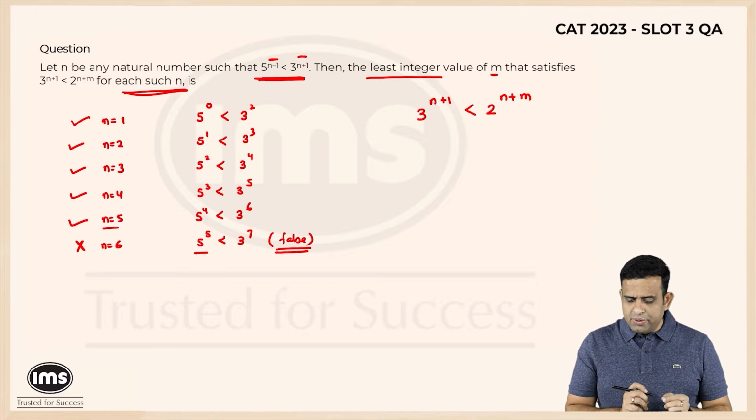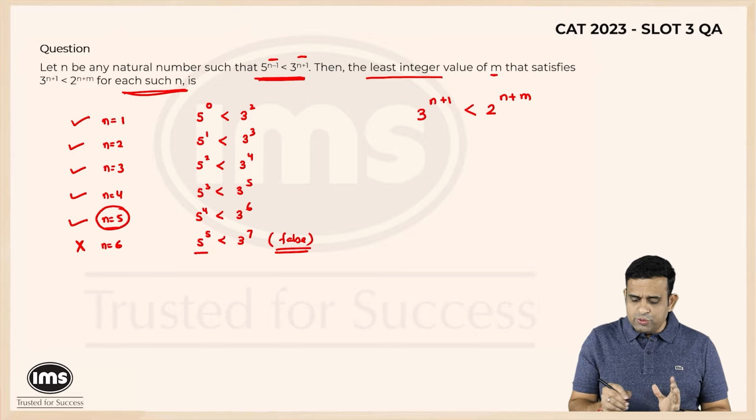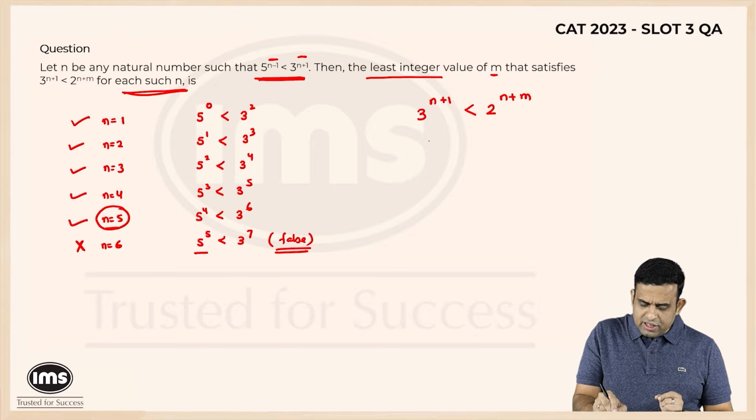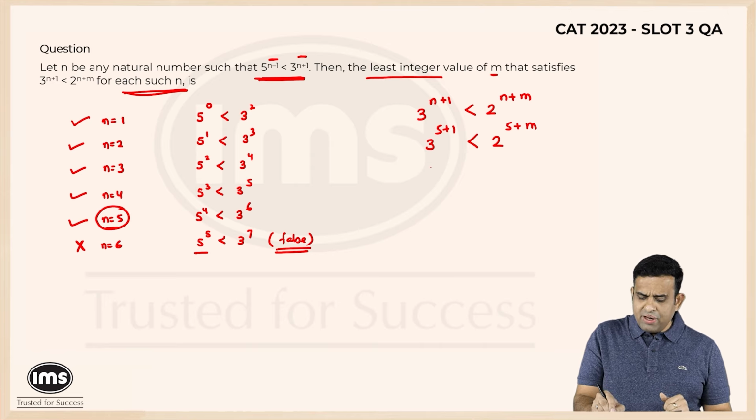So since we have the largest possible value of n equal to 5, this will become 3 power 5 plus 1 is less than 2 power 5 plus m. And 3 power 6 is nothing but 729.